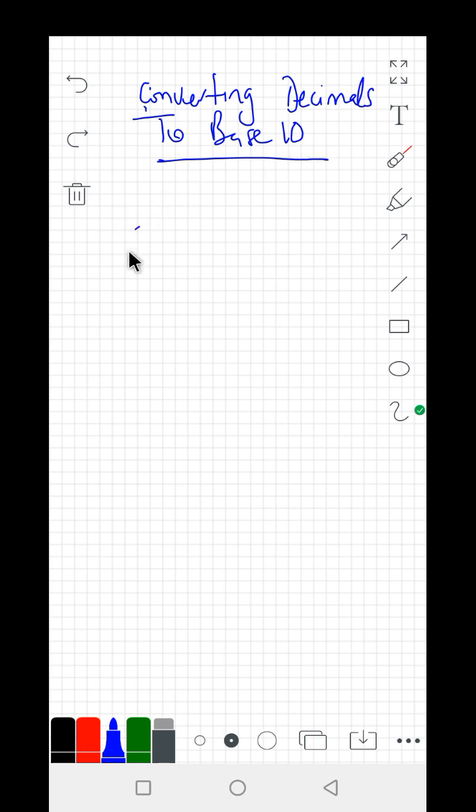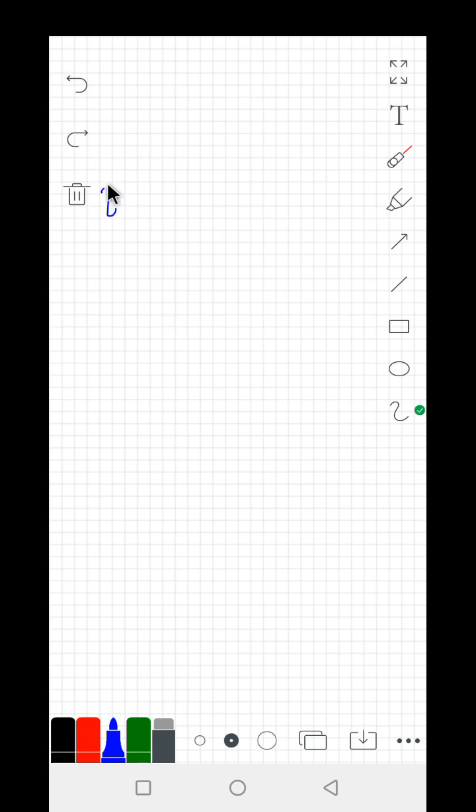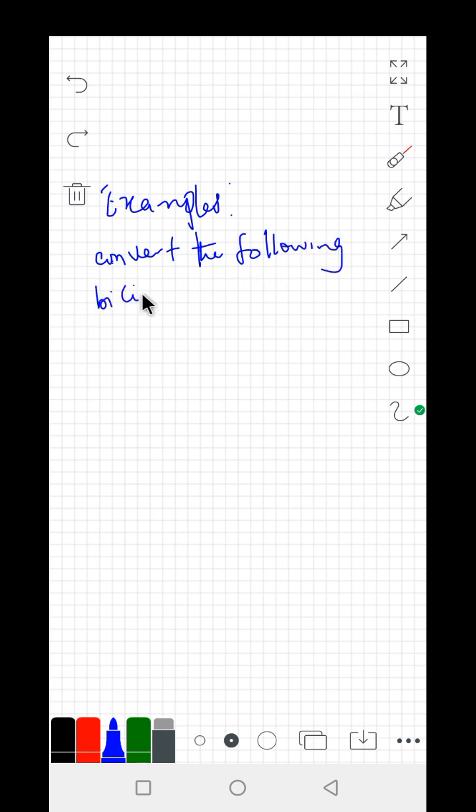Okay, so example. So what if we have this, convert the following. Alright, so we should convert these bicimals to decimals.